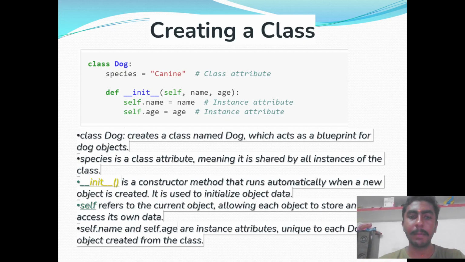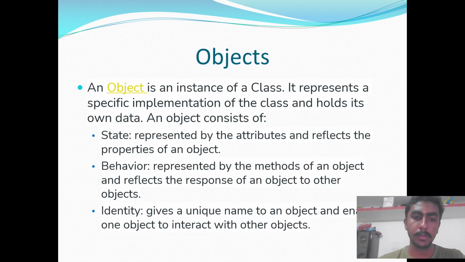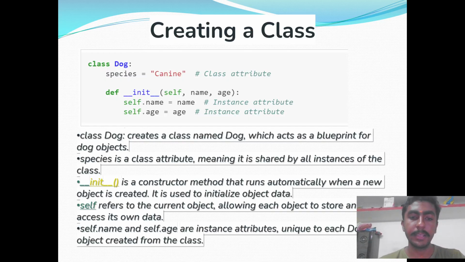Now the blueprint is ready. The next step is creating objects. The PPT creates two objects using the Dog class. When these lines are executed, Python creates two separate dog objects. Each object automatically calls the constructor and stores its own name and age.